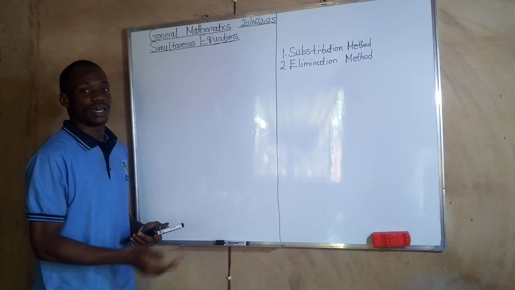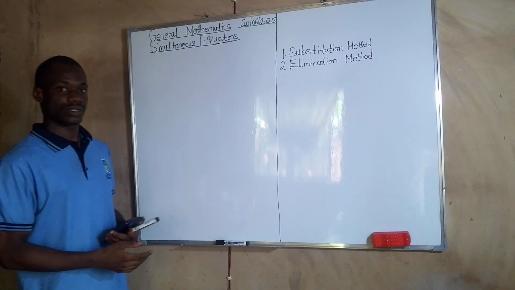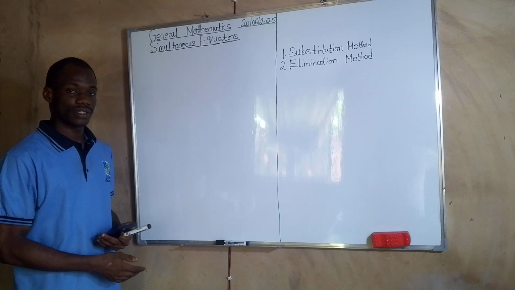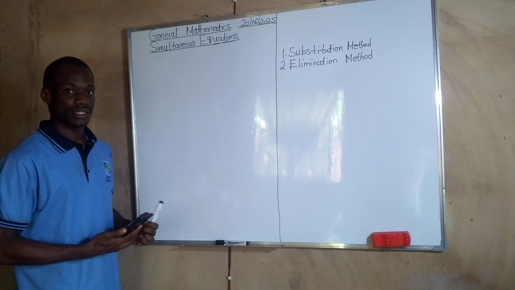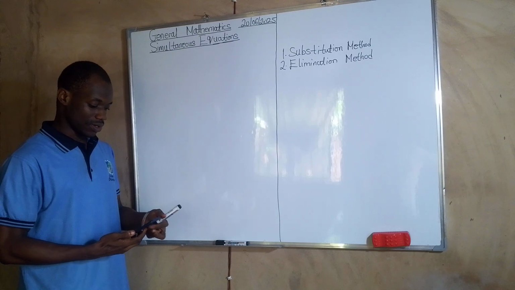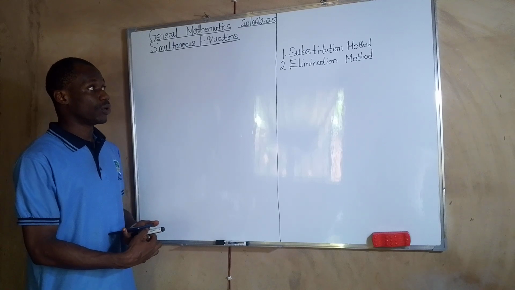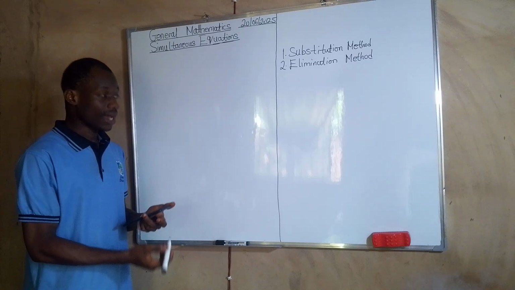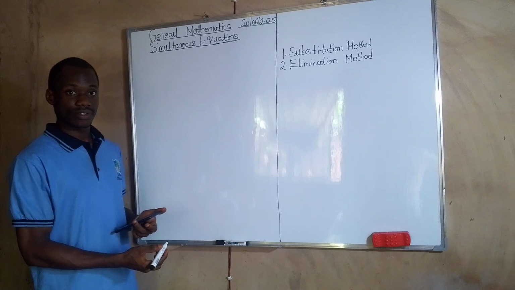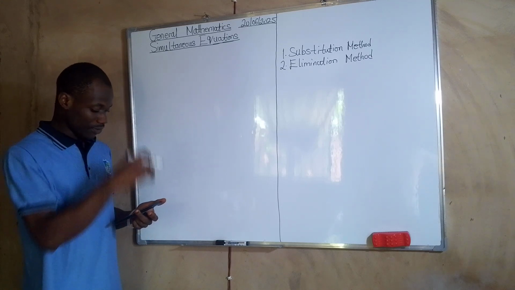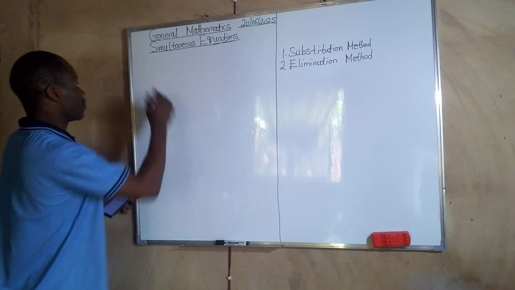These two methods are applied in solving simultaneous equations in a way that you solve them very fast and easily, depending on the time in your examination hall. So I'll be using both the substitution method and the elimination method for today's class. So first of all, let's take a question, example 1.